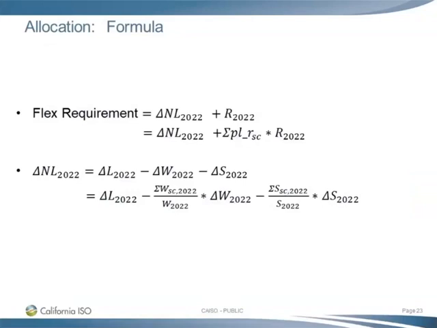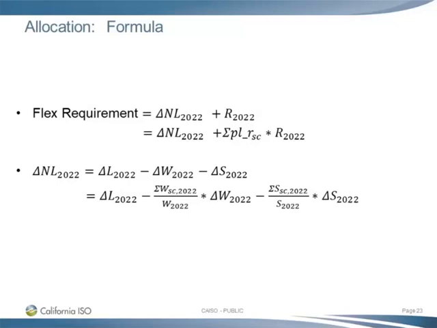Okay, so then what do we have? As I said, we have this one big pie, which is the net load ramp of 2022 plus the reserve of 2022. We are going to gradually slice this, part by part.